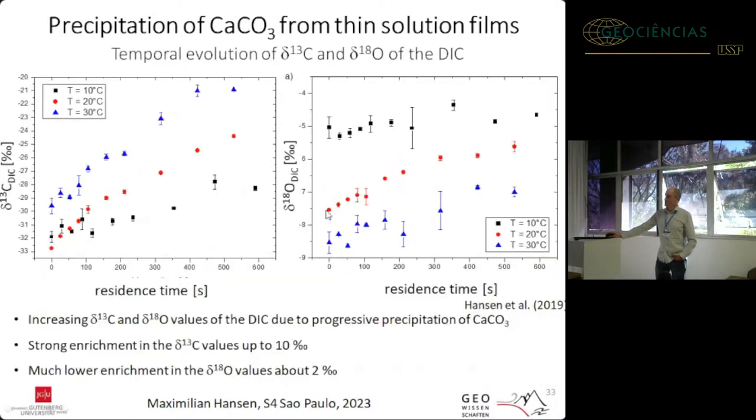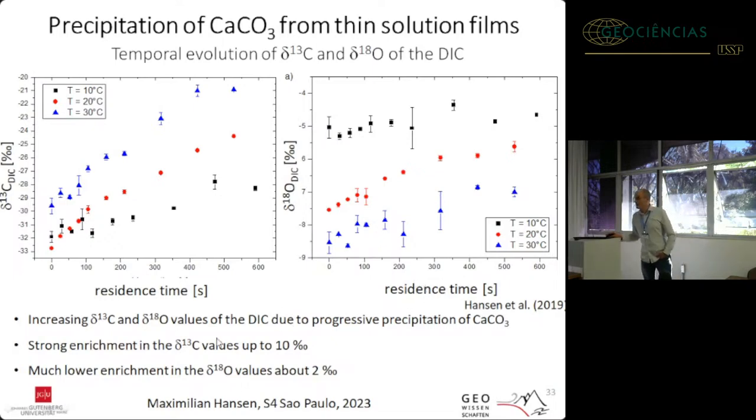Okay. So these are now the results for the stable isotope measurements from the plot I showed you before, for the DIC experiment for both isotope systems. This is the delta 13C value plotted against the residence time on top of the plate, and these are the delta 18O values plotted against the residence time.